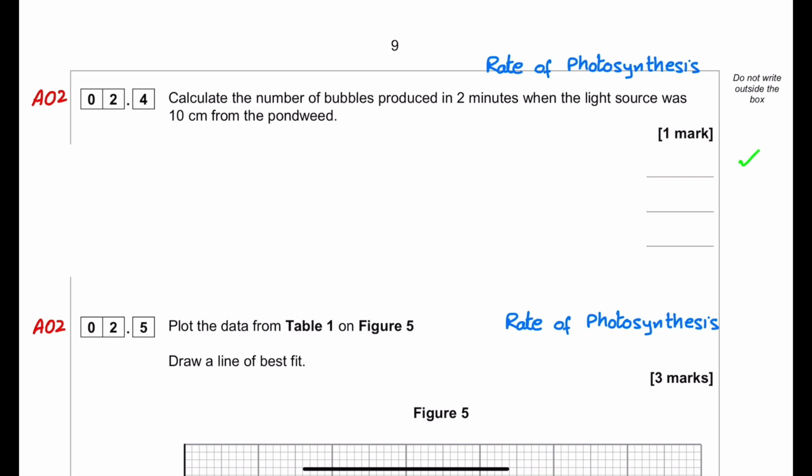Question 2.4, which is an AO2 question, now the students need to apply the knowledge. Calculate the number of the bubbles produced in 2 minutes when the light source was 10 cm from the pondweed. It means that students need to use the previous information which is given.